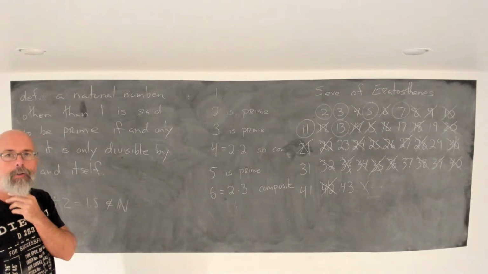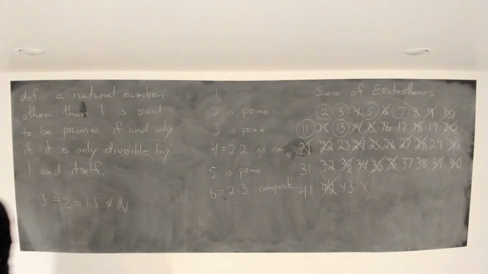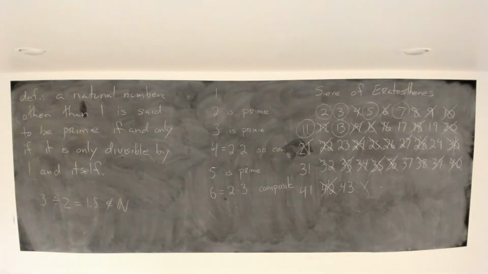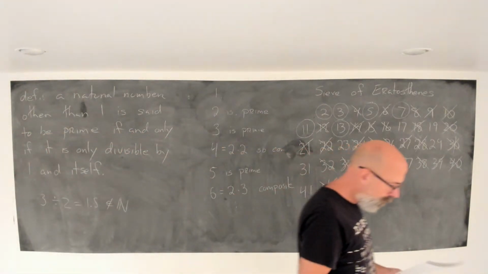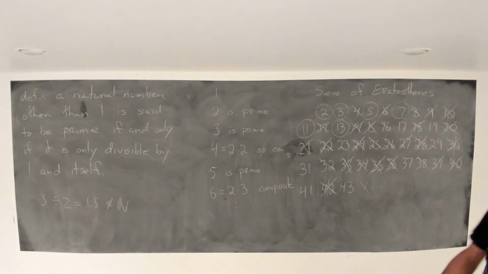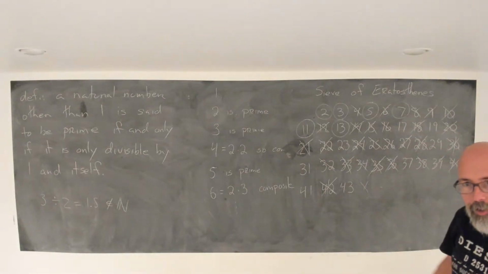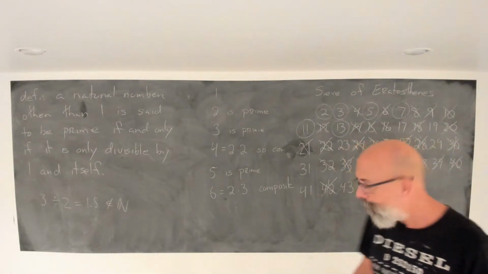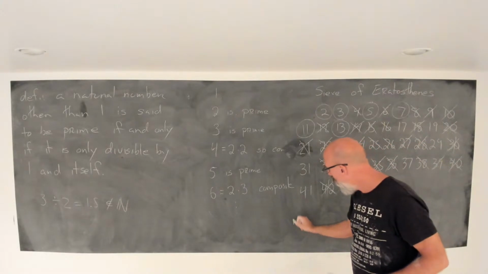How are we doing here? Questions? Now, I mean, it is possible to use the sieve to get all the primes. Of course, it's going to take forever. And in fact, here's a question.